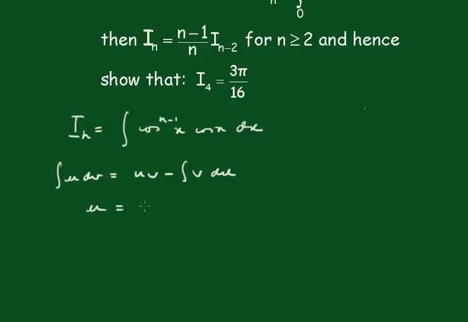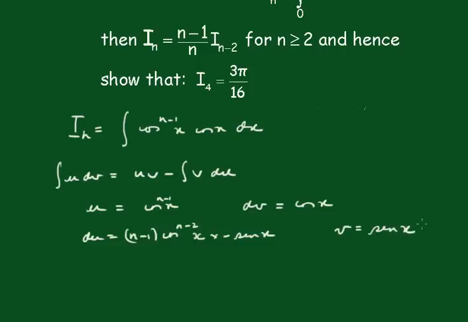Your u equals cos^(n-1) x, and my dv equals cos x, so du equals (n-1) cos^(n-2) x, and then differentiating cos x, you're going to get minus sin x. Integrating cos, you'll get sine. Just watch those signs.